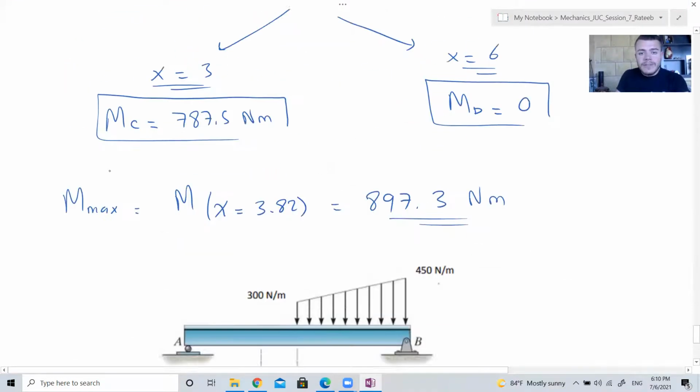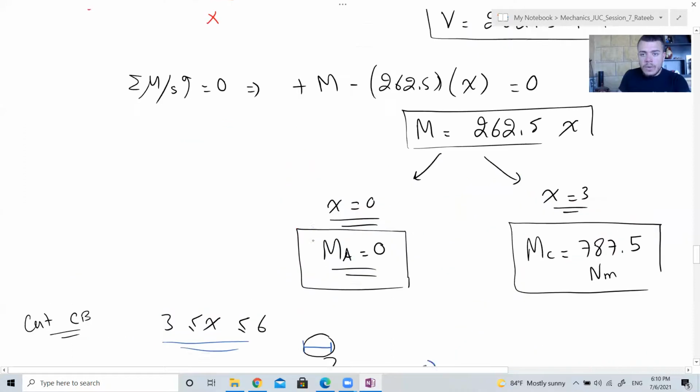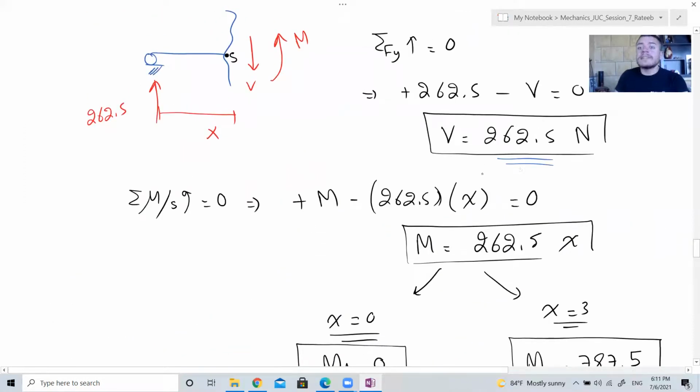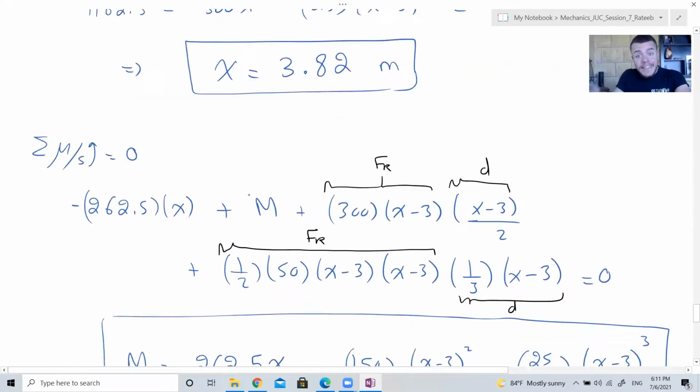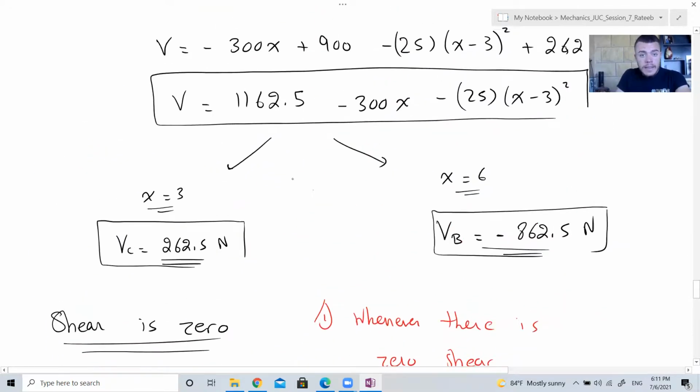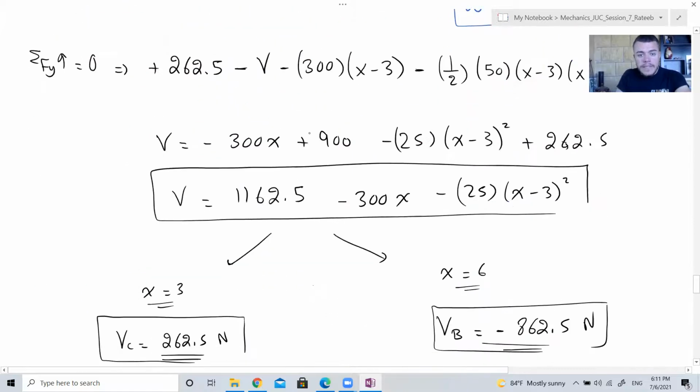We go back to the equations, from A to C. What is the shear? Here it is 262.5, it's constant. So from A to C, the shear is 262.5 and it is constant. From C to B, the shear is here.